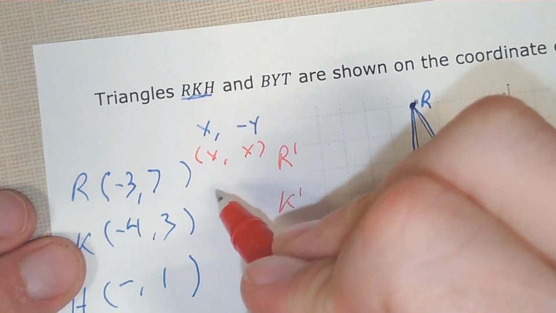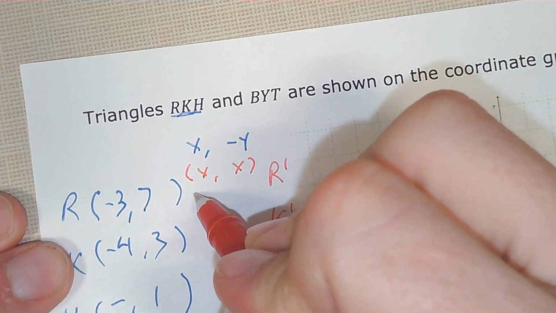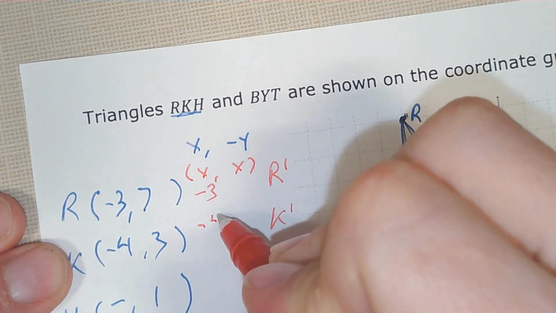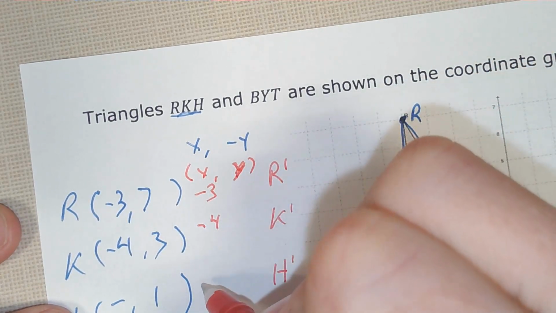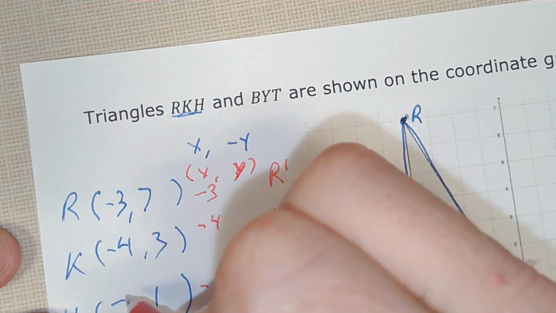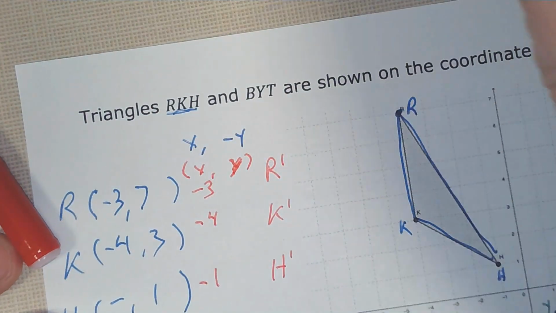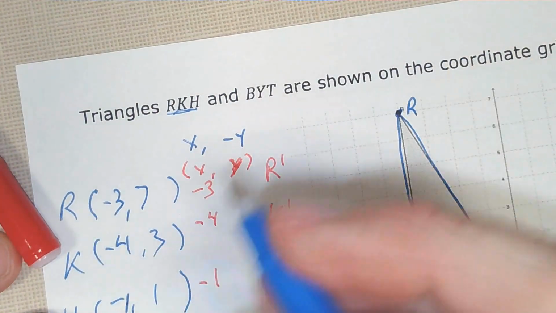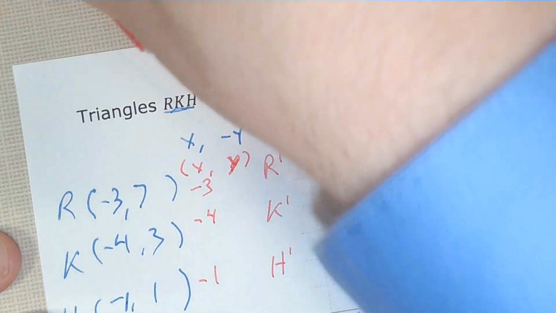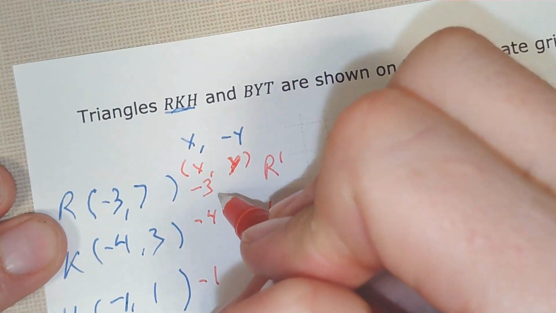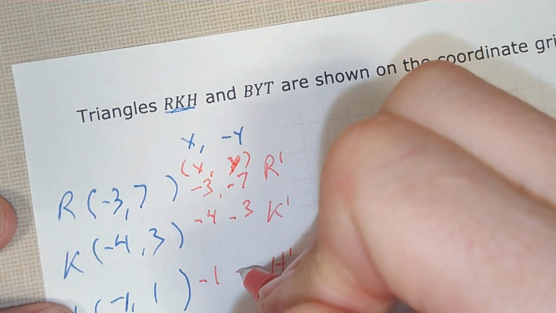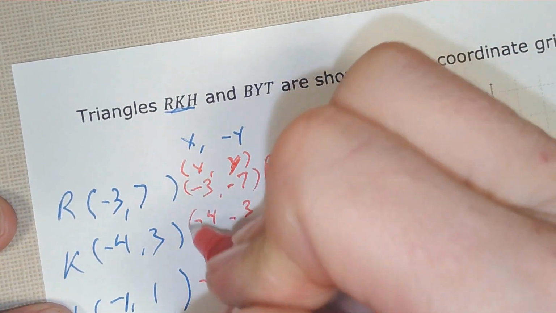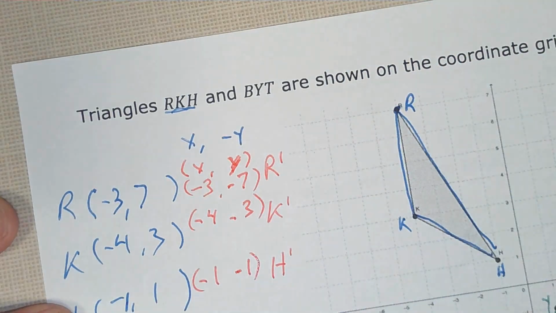So our x's stay the same: -3, -4, and -1. And then our y's change into negative y's: -7, -3, and -1. So in here we have our new points.